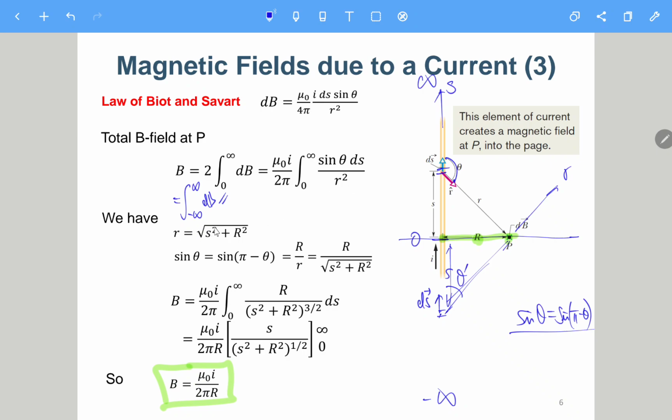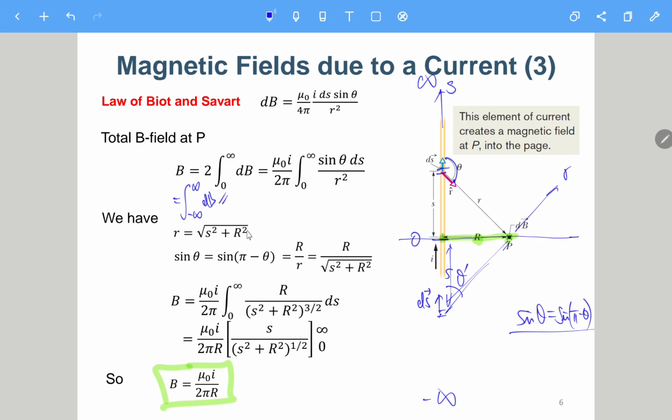So r squared will be s squared plus capital R squared. And as I mentioned, sine of theta equals sine of pi minus theta, which is actually capital R over small r. Small r is this one, so we have sine of theta and r expressed like this.